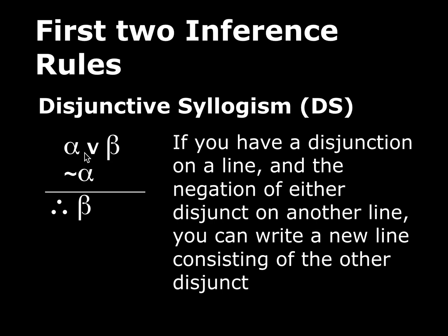But if you have a disjunction on a line, and you have the negation of either disjunct. Here it's the negation of the first, but it could also be the negation of the second. I'll talk about that in a minute. But if you have the negation of either disjunct, then you can write a new line consisting of the other disjunct. Right, so here I have alpha or beta. I have the negation of alpha, so I can write beta.